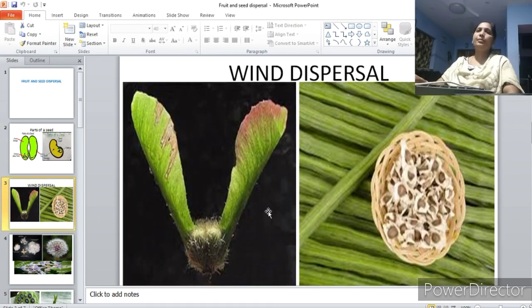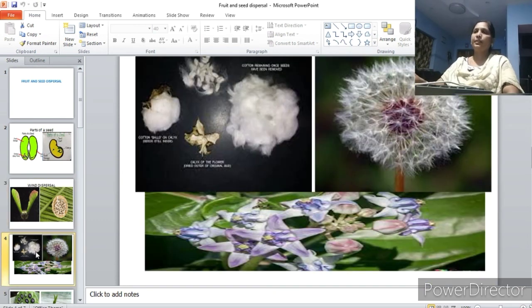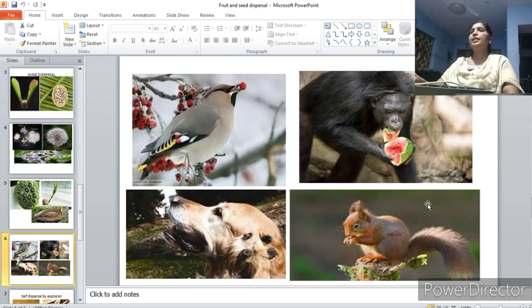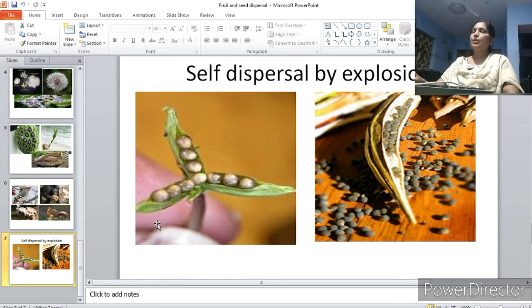You learnt how seeds disperse by wind, what characters are compulsory for wind dispersion, and which seeds disperse by wind. You also learnt what characters plants dispersing by water should have, with some examples, and what characters seeds dispersing by animals should have. You learnt all this in today's class, children.